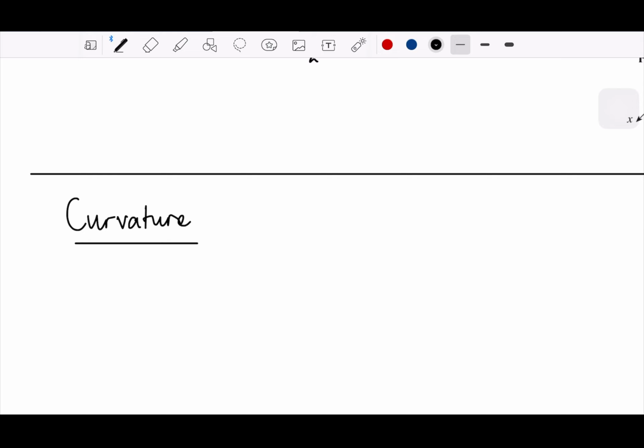Curvature means, or maybe let me write this in a way that is easier for you. The curvature is related to smoothness.